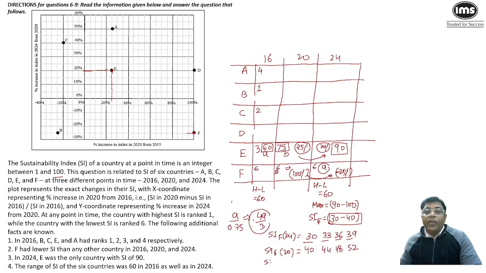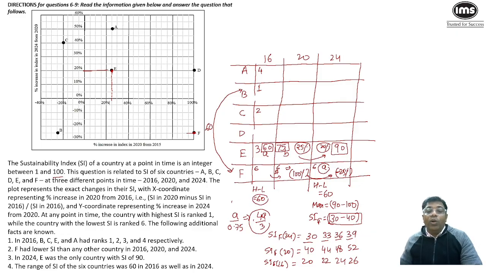So in that case, we can calculate SI of F in 2016 also. Because this value is just doubled, this value becomes 20, 22, 24 and 26. Now this will help. Another thing: in 2016, the difference between SI of B and F has to be 60, because the range has been given as 60.